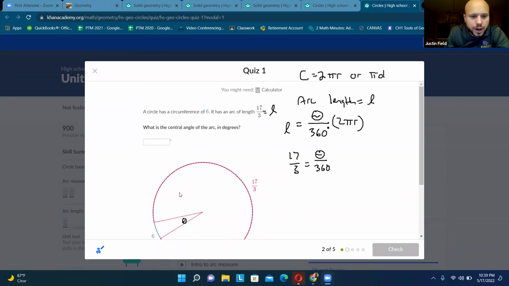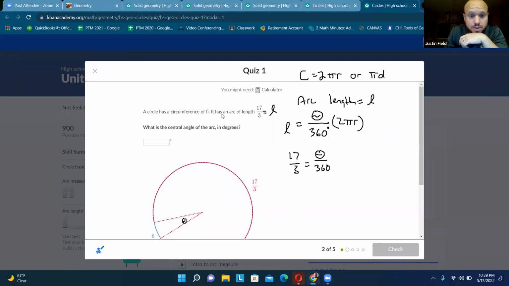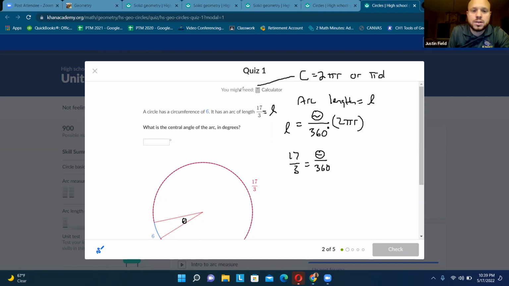So we don't know the radius either. That could be a tough one. Oh, the circumference is 6. A circle has a circumference of 6. So we can use that to figure out the radius. So 6 equals 2 pi r.